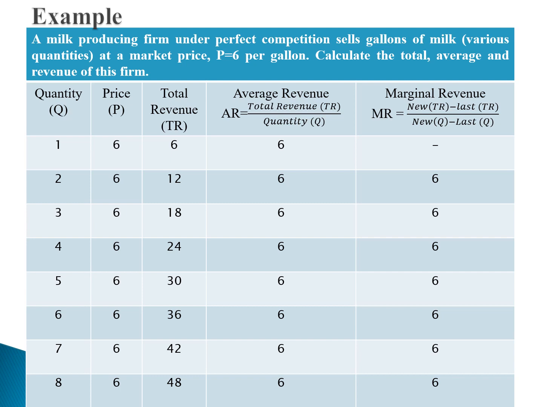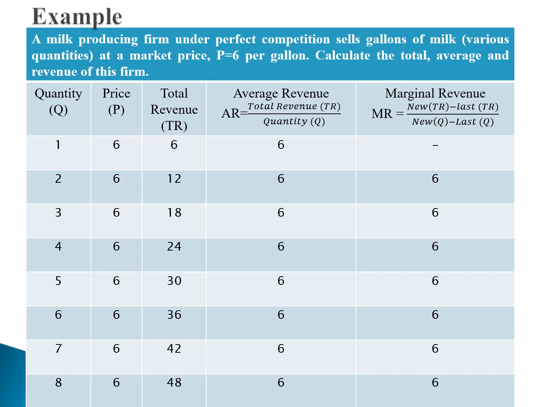Under this example, a milk producing farm under perfect competition sells gallons of milk at a market price of P equal to 6 per gallon. So the price is given and the milk producing firm is just a price taker. Under these circumstances, we would like to calculate the total revenue, average revenue, and marginal revenue of this firm.